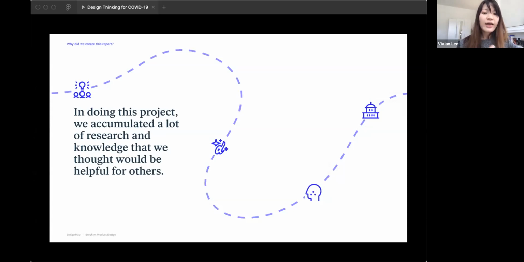We learned about how contact tracing apps work, the technology, requirements, and constraints, what products are out there today, and what products are being built right now, current processes like manual tracing and how contact tracing fits in, and then attitudes towards location tracking and data privacy, to name a few.